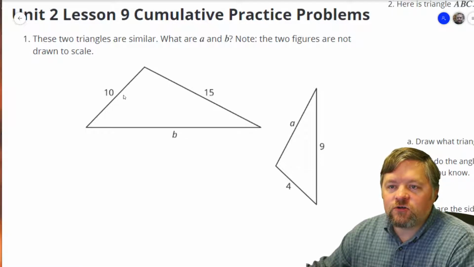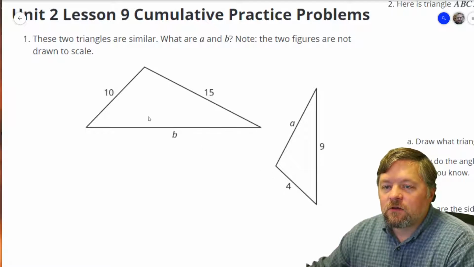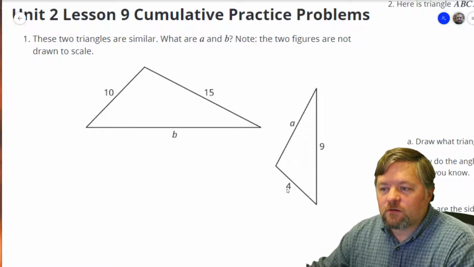What do we do to 10 to get 4? Well, 10 times 4/10 is 4.